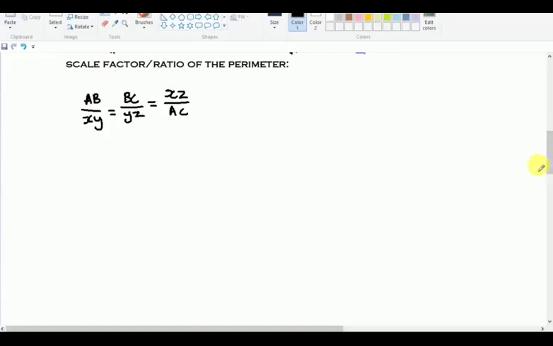So let's give an example so that we can calculate it from there. Let's have this triangle and another one here.